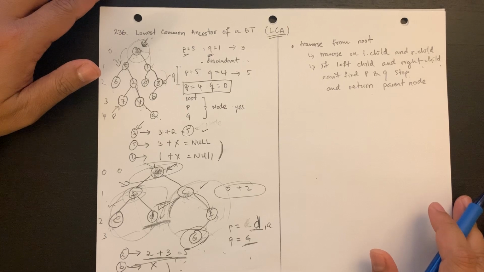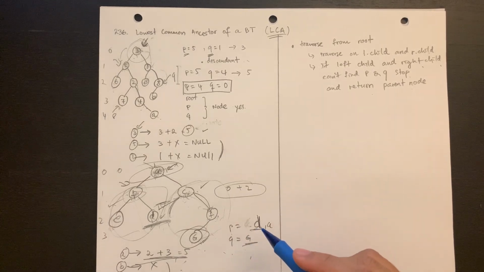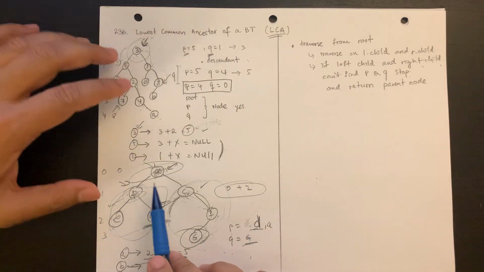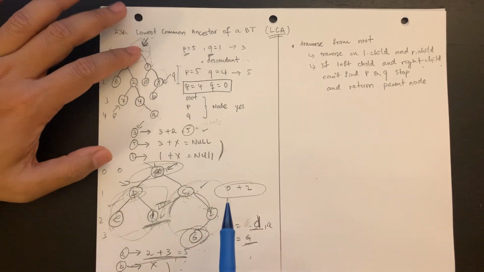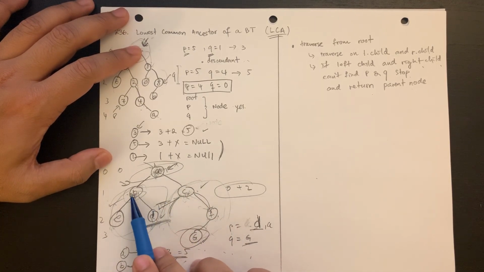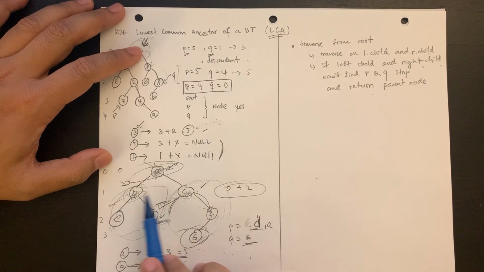But the idea is, first we need to check the node, and if the node contains both P and Q, we want to return that node. If not, we want to return null. And in the case that no, we don't want to return that node yet. We only return that node if the children are not good, if the children couldn't find P and Q.